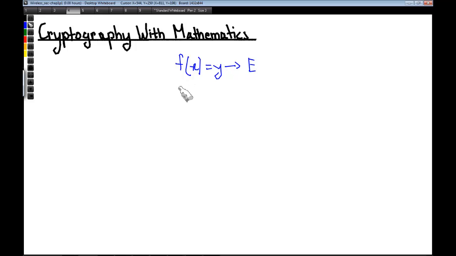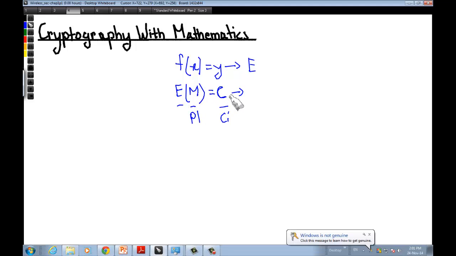In cryptography terms, this means that the message M gets encrypted and is transformed into a ciphertext C to be sent through the network. So here, M is the plain text message, C is the ciphertext message, and E is the function that is encrypting this plain text message and transforming it into C.